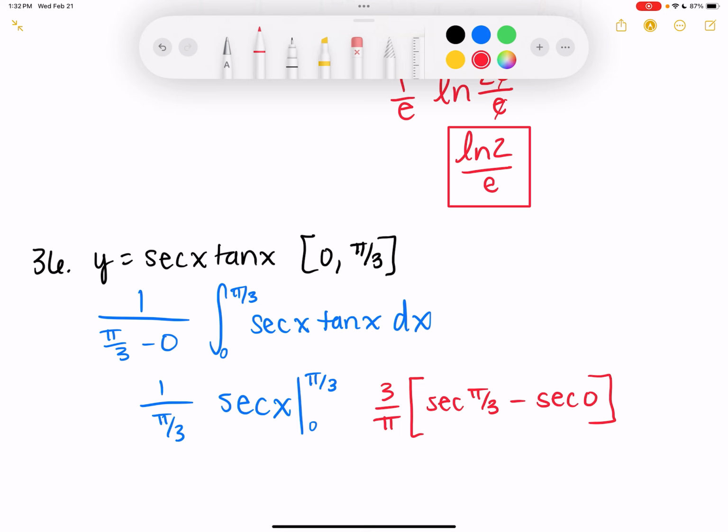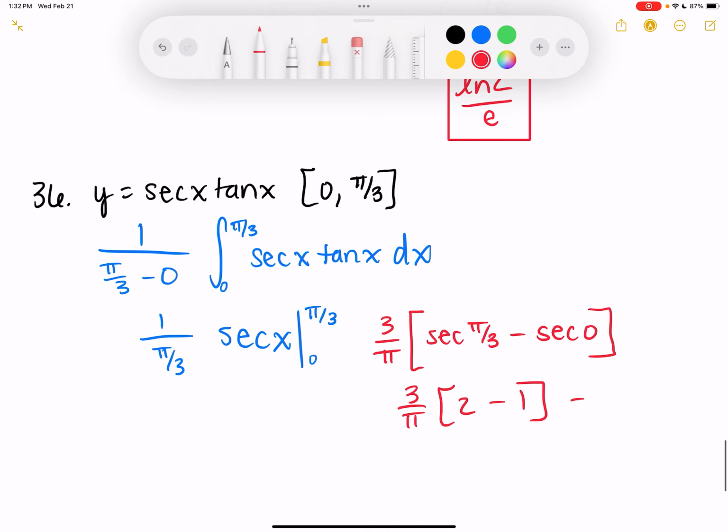What's the cosine of pi over 3? 1 half. So 1 over 1/2 would be 2. I was thinking of sine. So we'd have 2 minus, what's the secant of 0? What's 1 over the cosine of 0? 1. So that ends up being 1 times 3 over pi, so this is equal to 3 over pi.